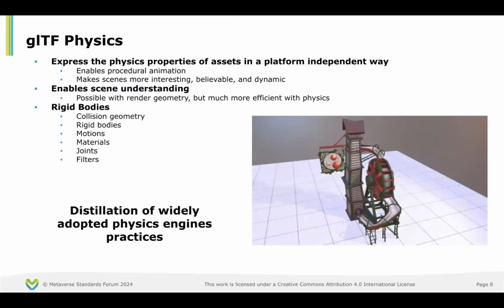Next one, glTF physics. The glTF spirit is to generalize and find common ground between different solutions, and physics fits the same pattern here. We want to express the physical properties of the assets in a platform-independent way. So we introduced two extensions. One allows you to describe any sort of collision mesh in a procedural manner.